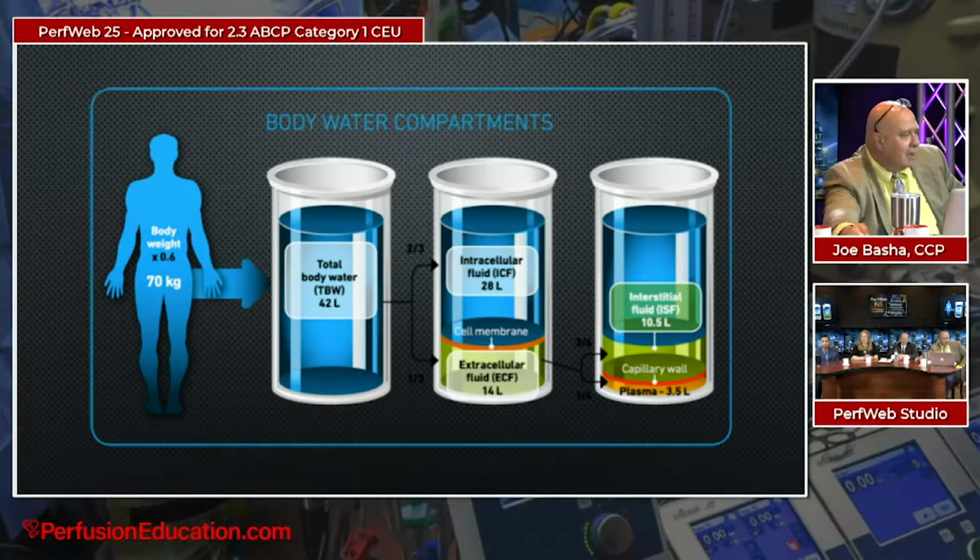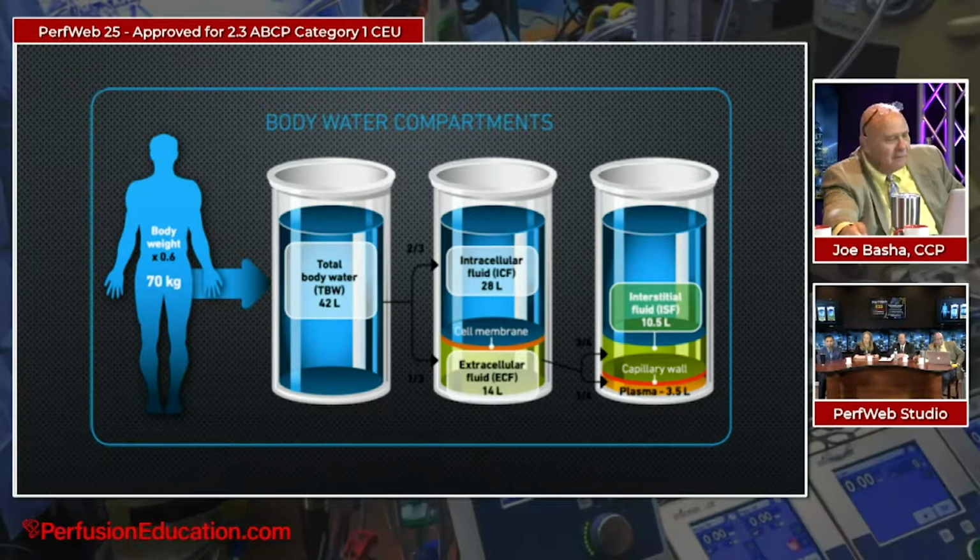Of that 42 liters, 28 liters is intracellular. So the majority of the water that we are made of lives in the intracellular space. You have some in the cell membranes, and then there's approximately 14 liters in the extracellular fluid.